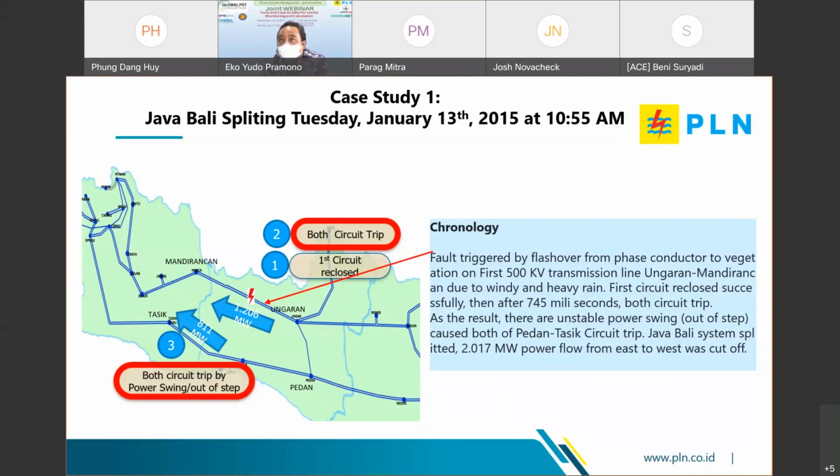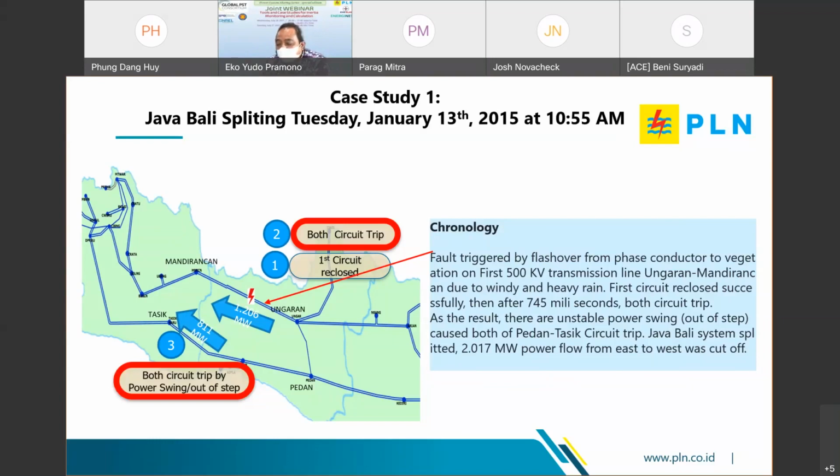So you can see, this happened because a fault was triggered by flashover from the phase conductor to vegetation on the 500 kV transmission line Ungaran Mandirancan, due to wind and heavy rain. The first high-speed reclose was successful, but the fault still happened. So both circuits of Ungaran Mandirancan tripped.